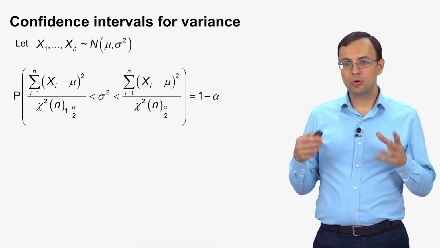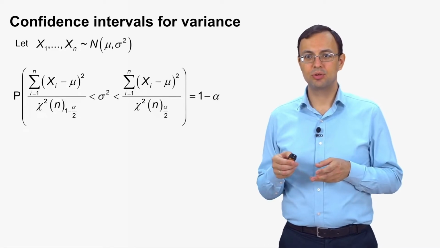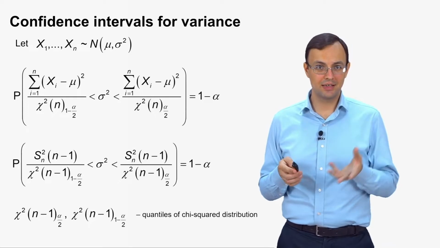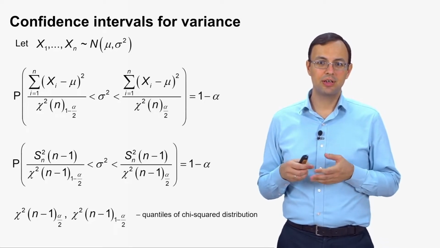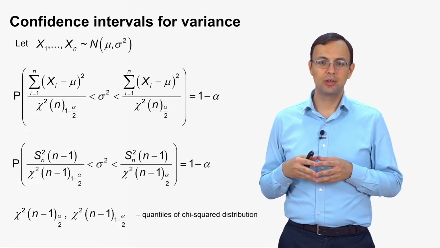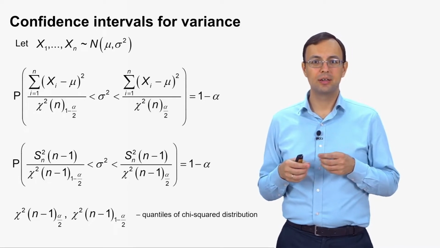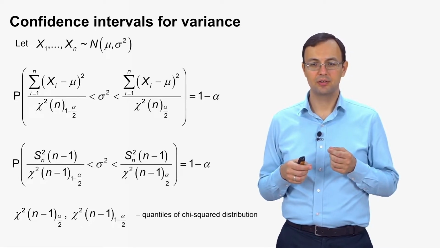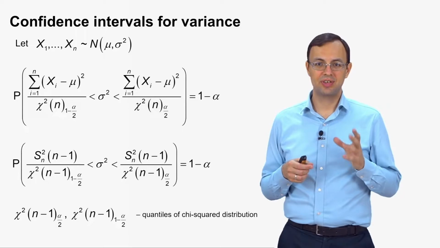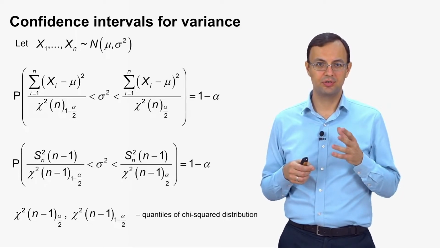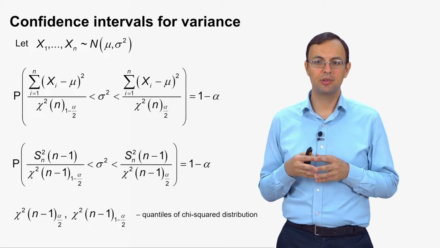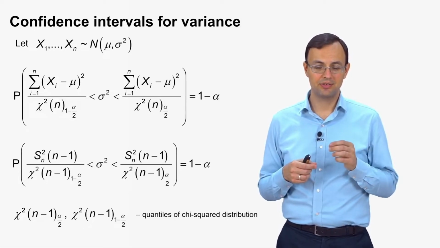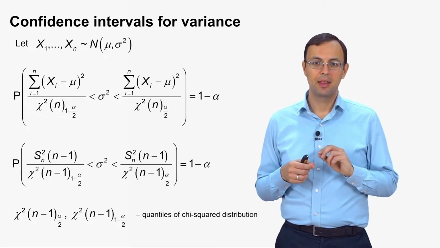The more common situation is when you don't know mu, when the actual value of mu is unknown. In this situation you use the sample variance. You calculate the sample variance according to the standard formula. In this formula, Sn squared is the sample variance.